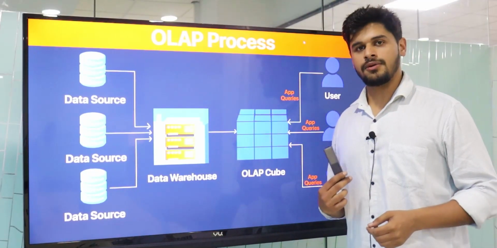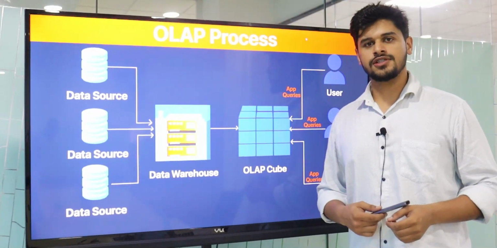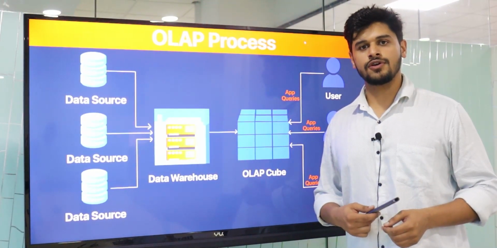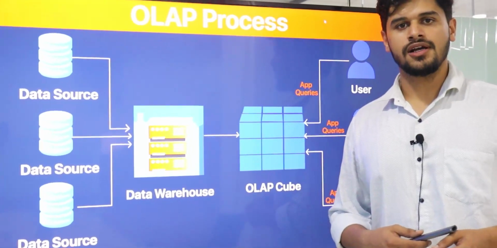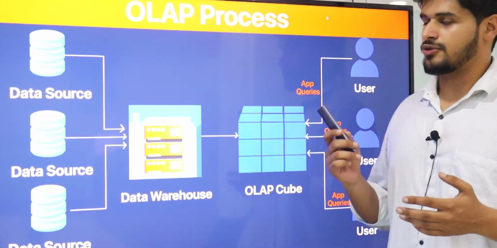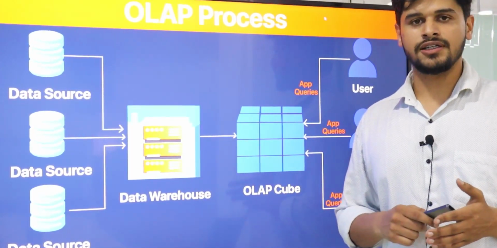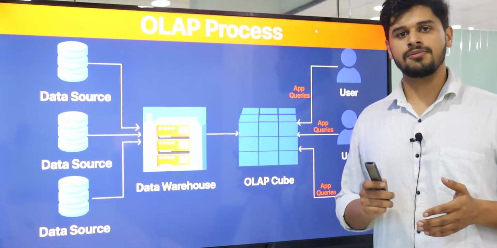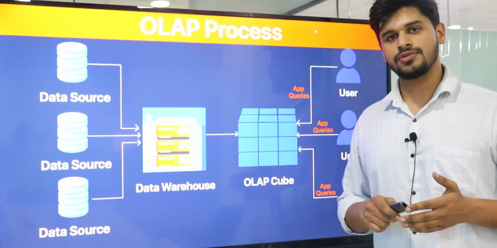Let's talk about OLAP processes. DuckDB uses OLAP, which is a software management processing system for multi-dimensional datasets. There are two different types of processing. One is OLAP, which stands for Online Analytical Processing, and the other is OLTP, which is Online Transactional Processing.